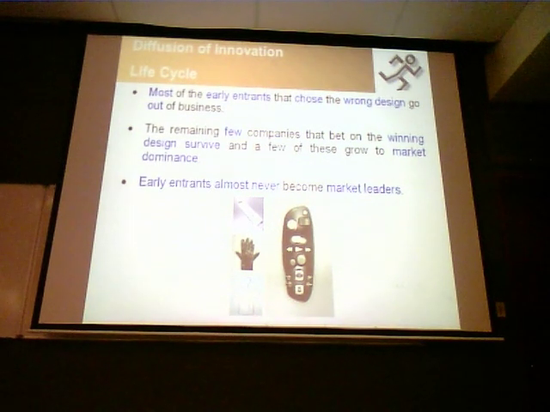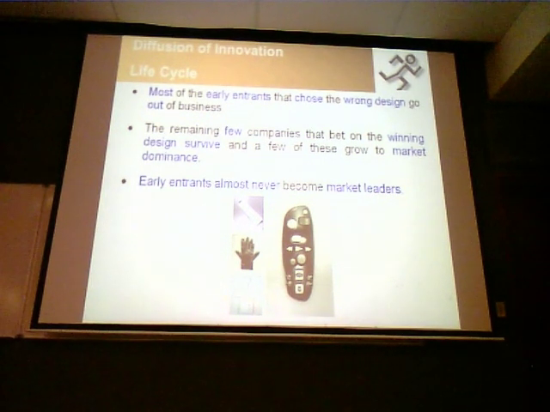So I guess when you're inventing stuff like that, or a six-finger glove, most early entrants choose the wrong design, which is a problem. And the problem is the customer. The customer is evolving as your product's evolving. So very few companies pick the winning design. The case studies I'm going to use are Microsoft and these other big companies.